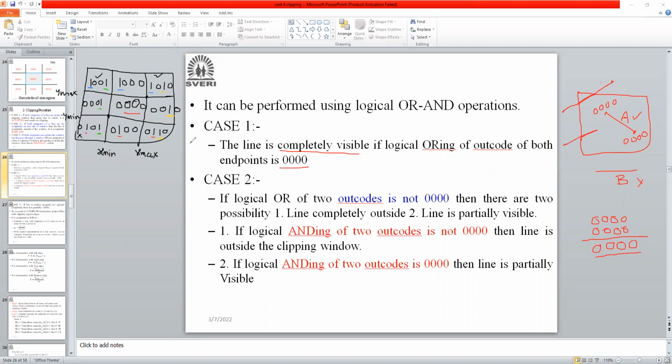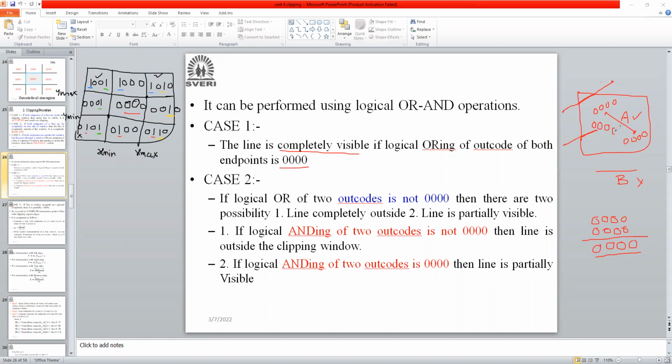Then case number 2. The second case is if the logical OR is not 0, 0, 0, 0. If the logical OR is not 0, 0, 0, 0, then there is a possibility that the line is either partially visible or totally invisible. For example, this line. What are the outcodes?